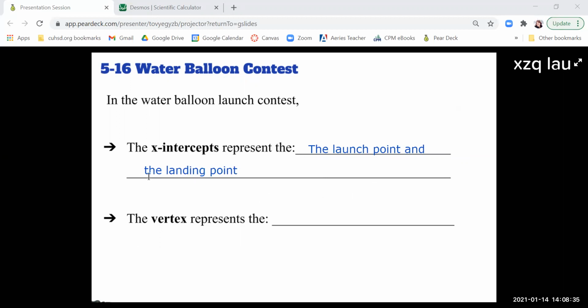The launch point and the landing point are the x-intercepts. The vertex always represents the maximum height.